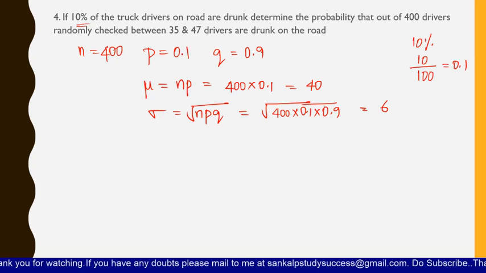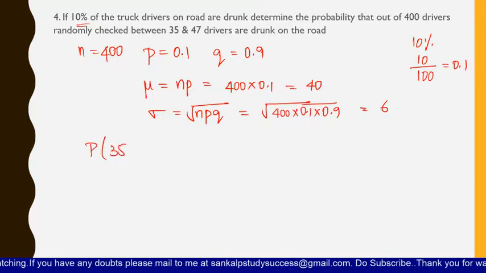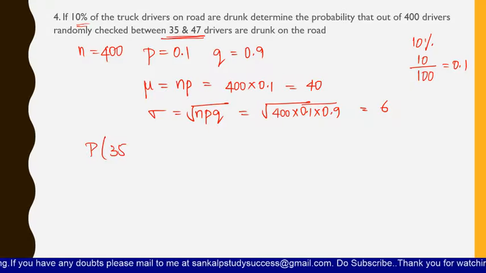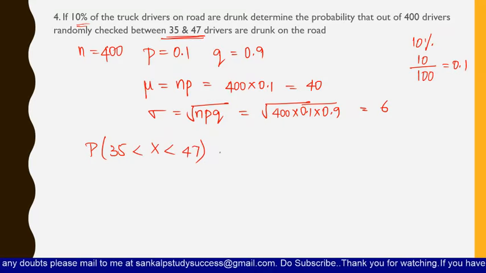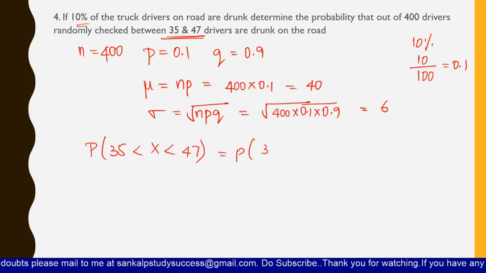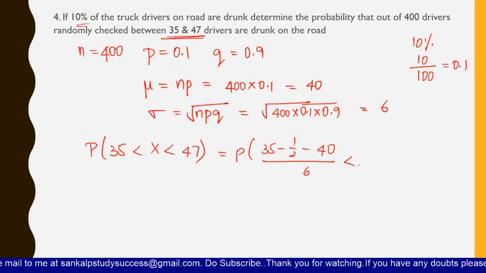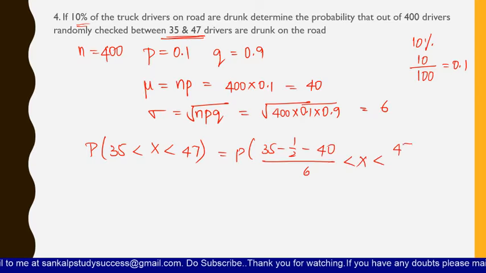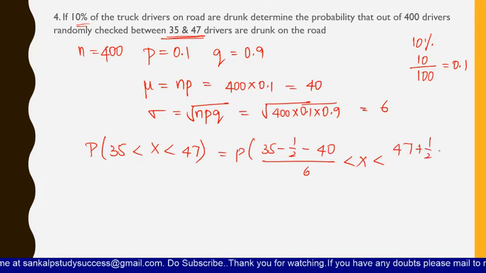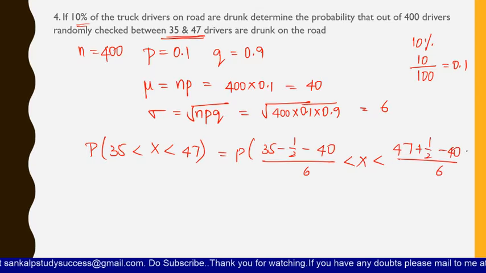So we have found mu and sigma. Now let us solve the problem, which is randomly checked between 35 and 47 drivers. So 35 less than x less than 47. That means what? Which is 35 minus half minus 40 by 6 less than x less than 47 plus half minus 40 by 6.